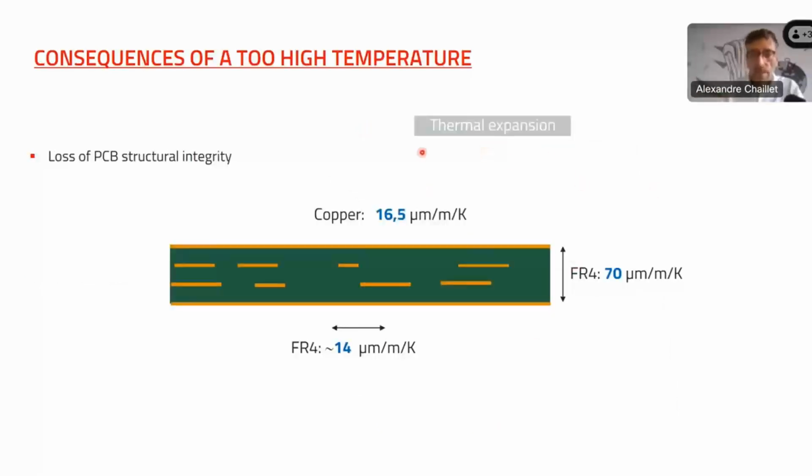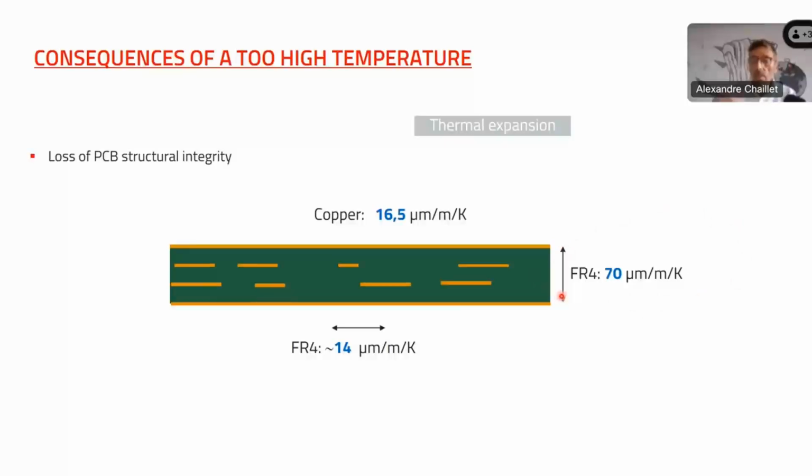Another concrete example is the thermal expansion. Here you've got the thermal expansion of copper, which is 16.5 micrometer per meter per Kelvin. This is more or less the same as FR4 in that direction, but that's not the case at all in that direction.